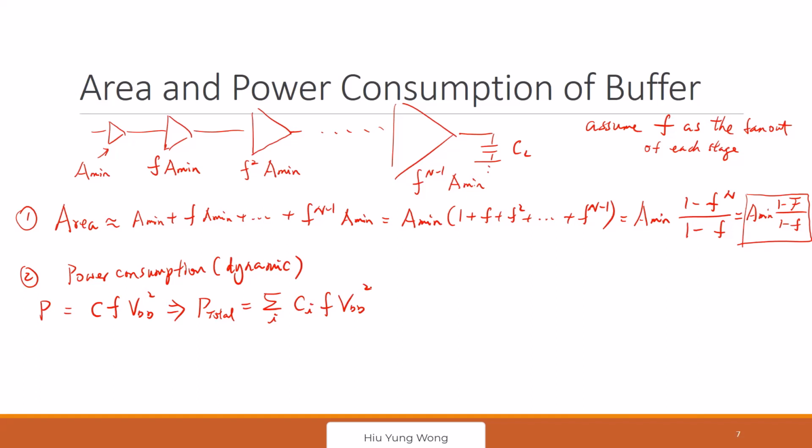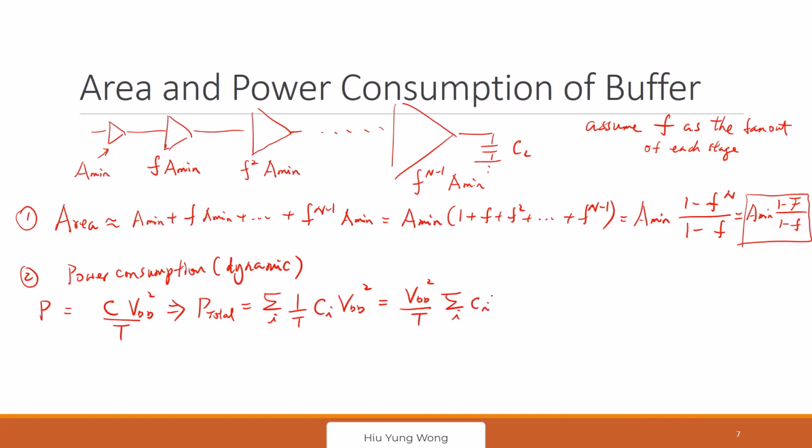Okay, so now it starts making things complicated. So instead of small f, let me do period 1 over T, so you won't get confused later when you study. So this is basically VDD square divided by capital T, summation I, CI.